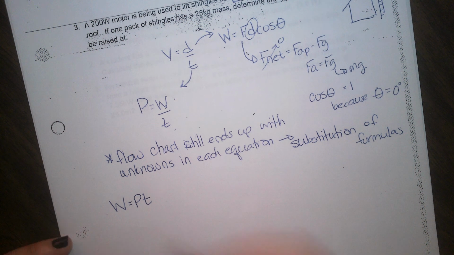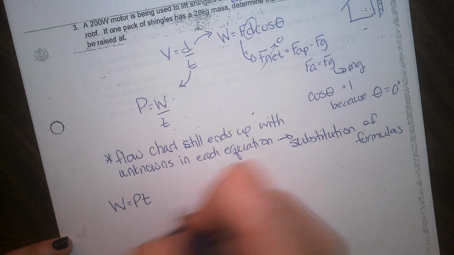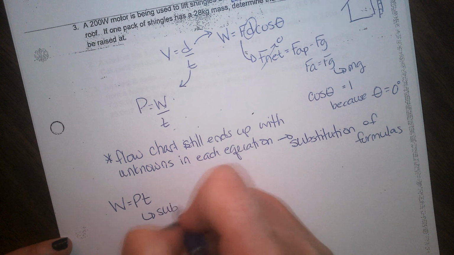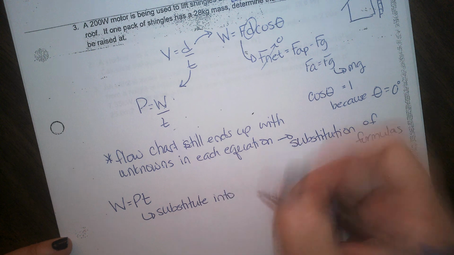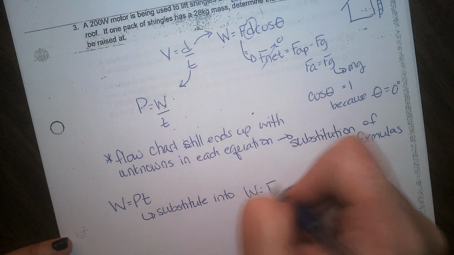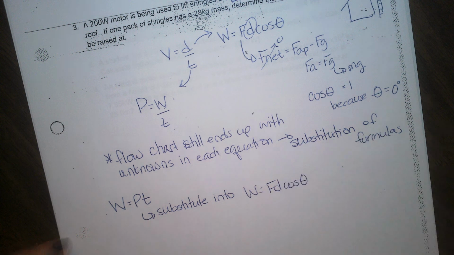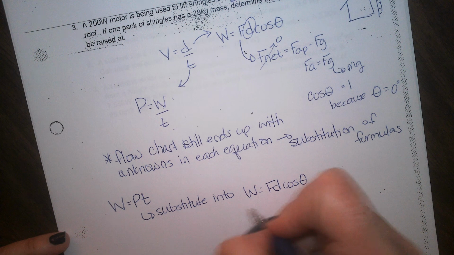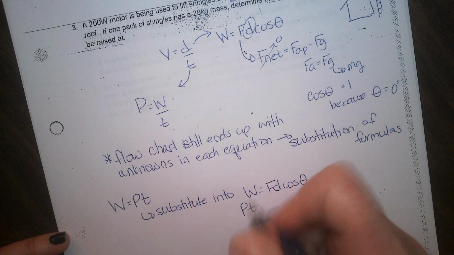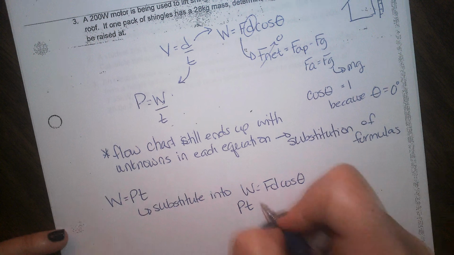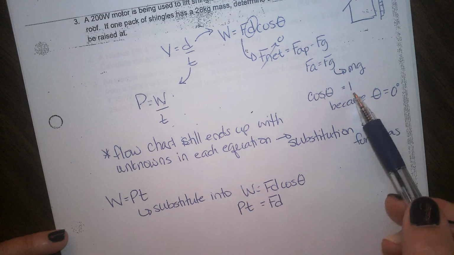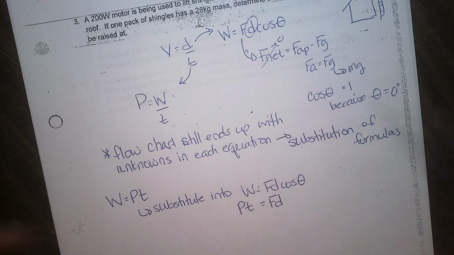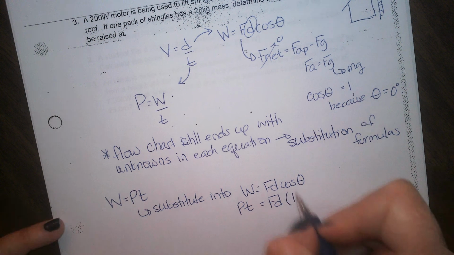What we could then do is substitute into the work is equal to force distance cos theta formula. And so what we would have is PT, because that's what we said work is equal to, force distance. Up here we say cos theta is 1. So I'm just going to put 1 here.